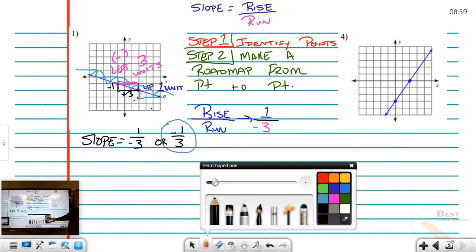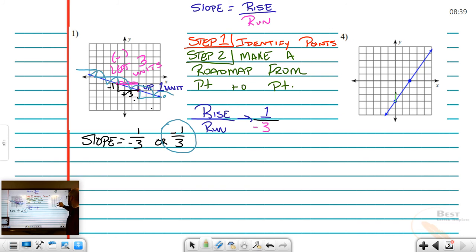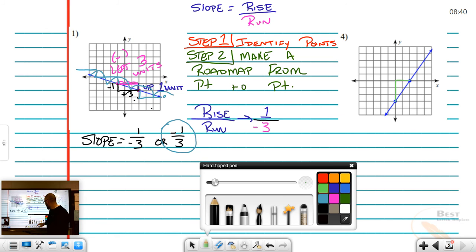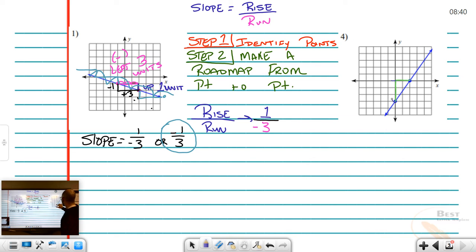So let's look at the next one over here, number 2, or 4, whatever number, it's our second example. So if I make my roadmap from point to point, okay, there's my map. We're going to start with our rise, okay, because we got to go up and down first. So my rise, from here to this point here, I'm going 1, 2, 3. So I'm going up 3 units.